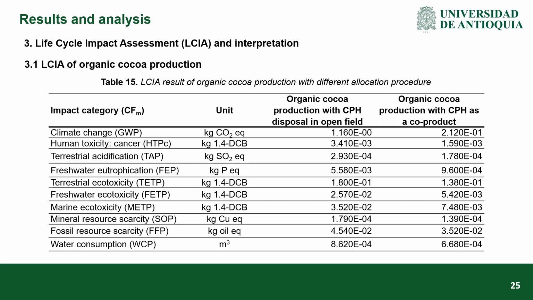The categories that exhibit a significant difference between these two scenarios are climate change, human toxicity cancer, terrestrial acidification, terrestrial ecotoxicity, freshwater ecotoxicity, and marine ecotoxicity. The other categories have the least difference between the scenarios evaluated.